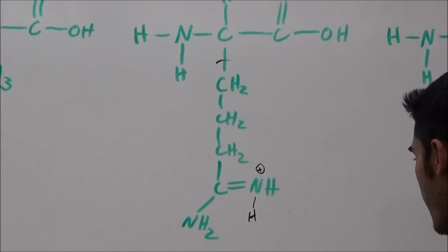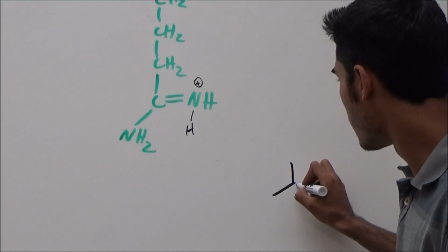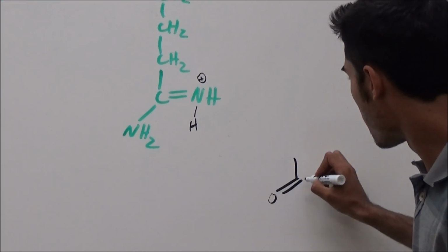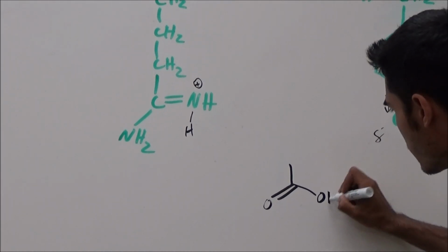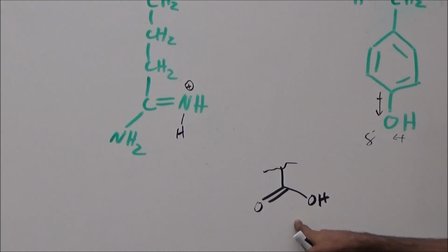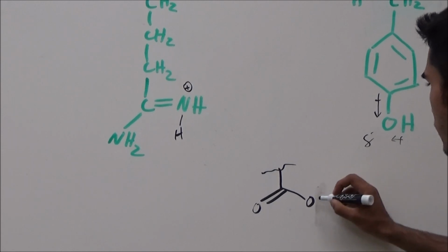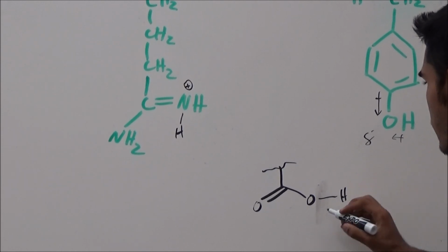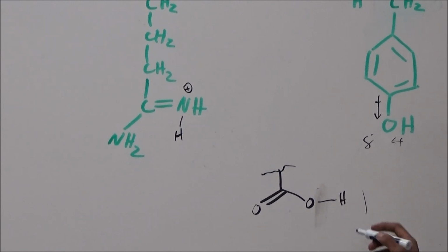And on the other hand, if you have an R group with a carboxylic acid group, which looks something like this, this carboxylic acid group can actually donate this hydrogen right here into solution, therefore making it acidic.